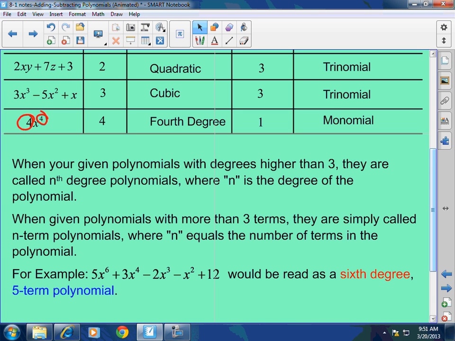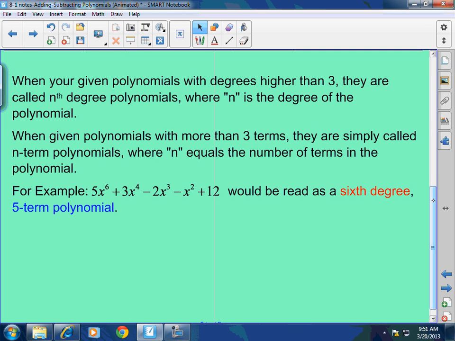So for example, 5x to the 6th plus 3x to the 4th minus 2x cubed minus x squared plus 12 would be read as a 6th degree 5-term polynomial, because you have 1, 2, 3, 4, 5 terms.